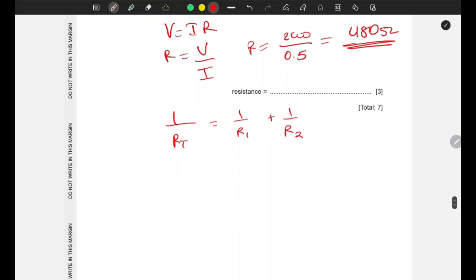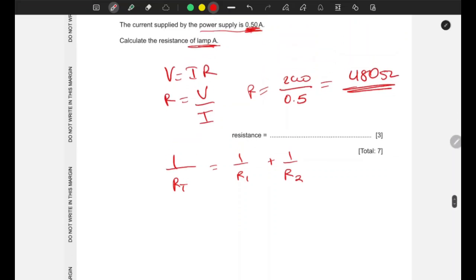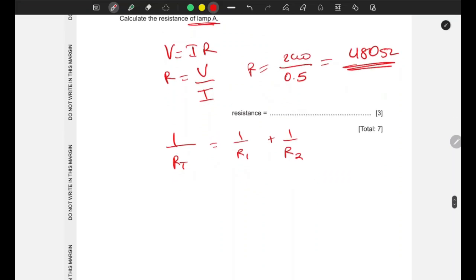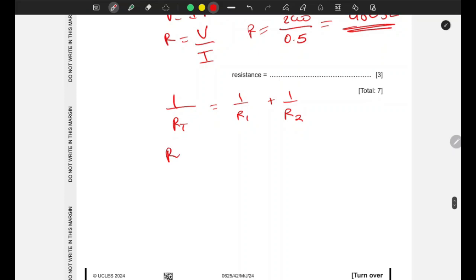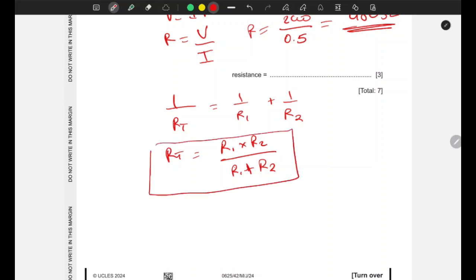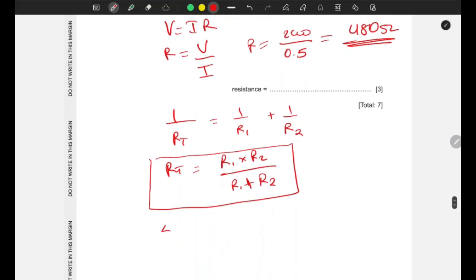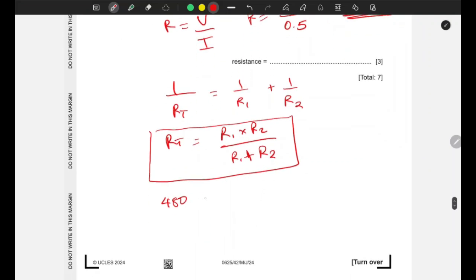There's also another formula when resistors are in parallel: RT equals R1 times R2 over R1 plus R2. So we can use this formula. This would be much easier. So the total resistance is 480. But R1 and R2 are the same, so we can just say R.